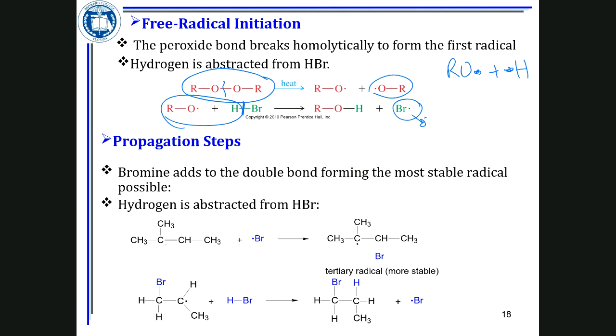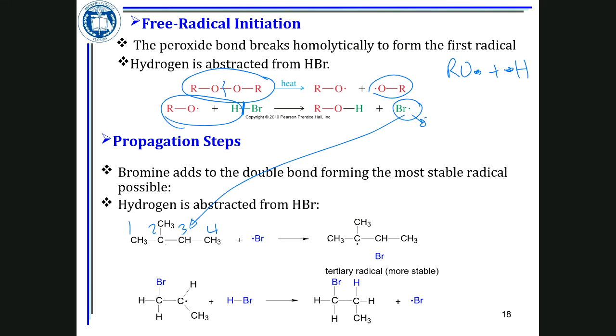Take carbons 1, 2, 3, and 4. If bromine forms a bond with carbon 3, then carbon 2 will take the free radical. Again, bromine has 1 electron. It takes only 1 electron from the pi bond. The other electron is going to go to the other carbon.